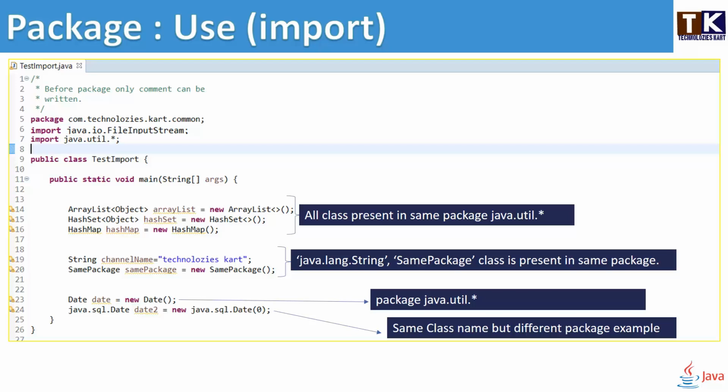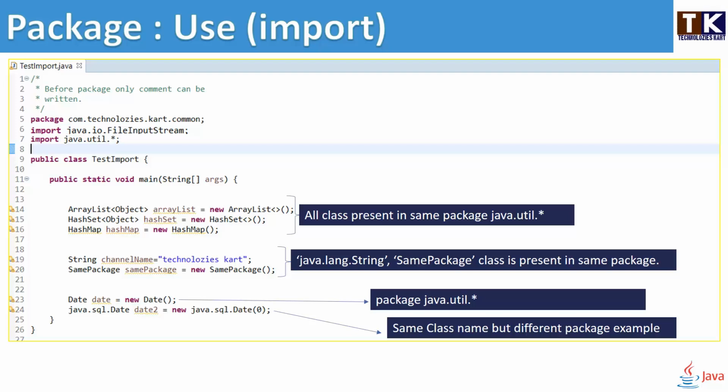In this case, we cannot import both classes at the top, since it will give a compile time error. So in this case, we only import one class at the top and the other one we use with its full name in the line of code. We can see this from the example.